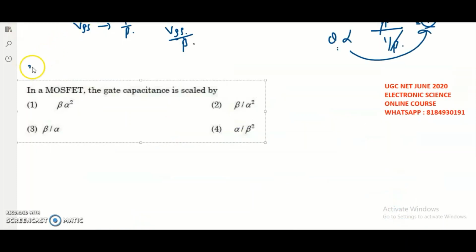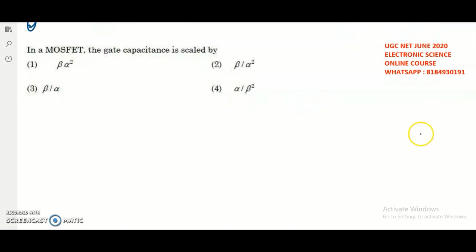And while coming to the next question, in a MOSFET, the gate capacitance is scaled by. Generally the gate capacitance Cg can be taken as epsilon A divided by D. Epsilon is a constant, so we are not going to scale it. Just focus on the two parameters other than the constants, that is A by D. The cross-sectional area is the length of the channel into the width of the channel, divided by the thickness of the silicon dioxide.